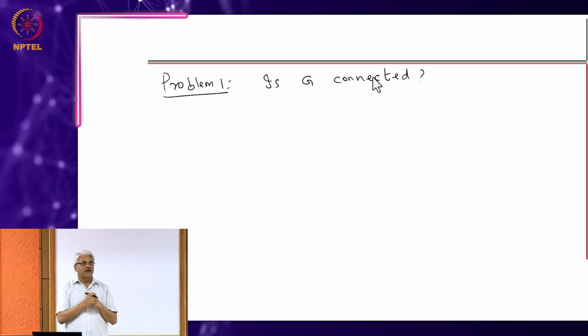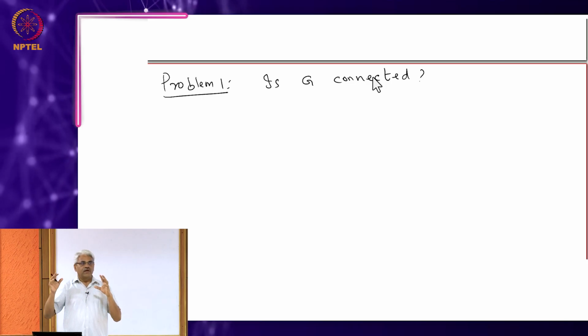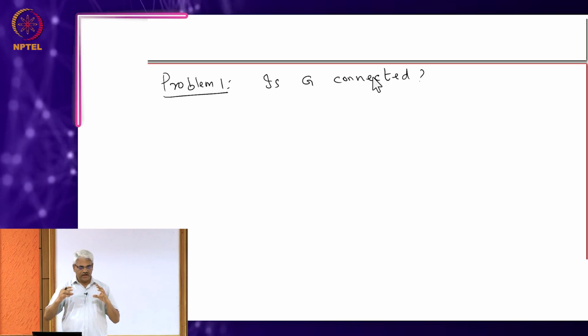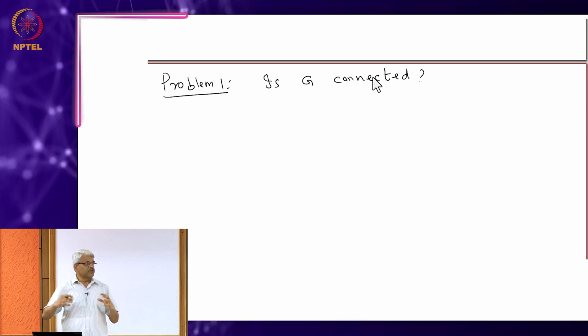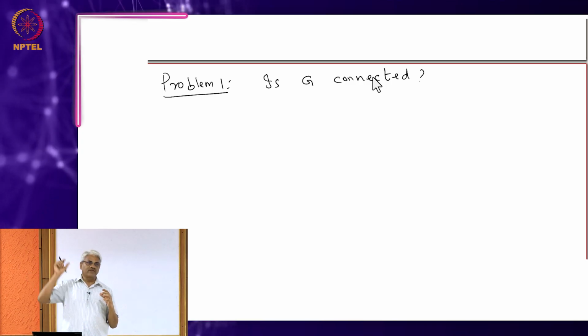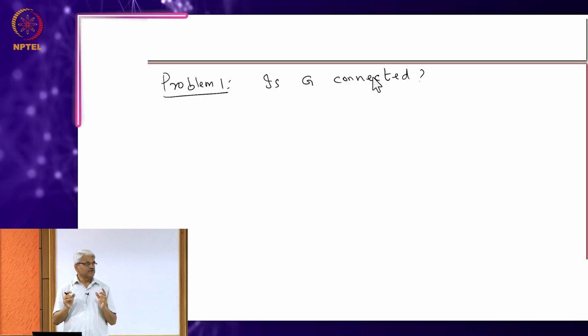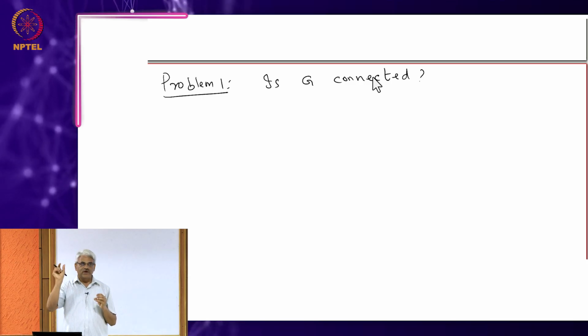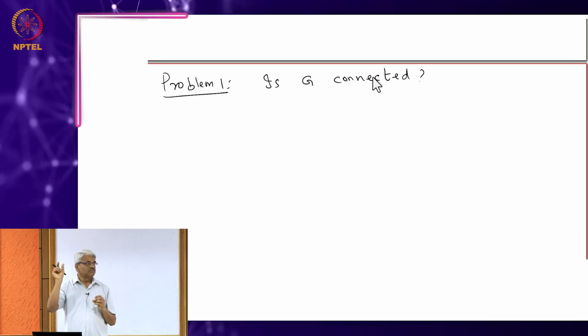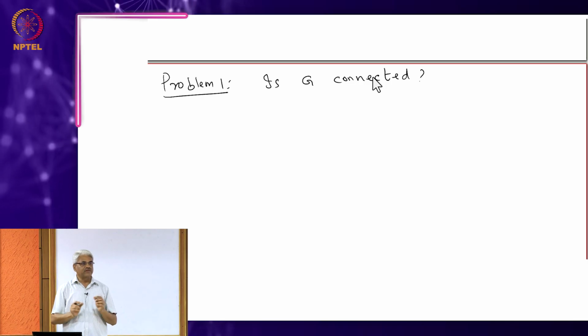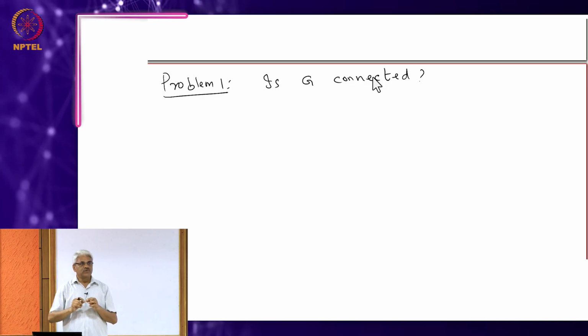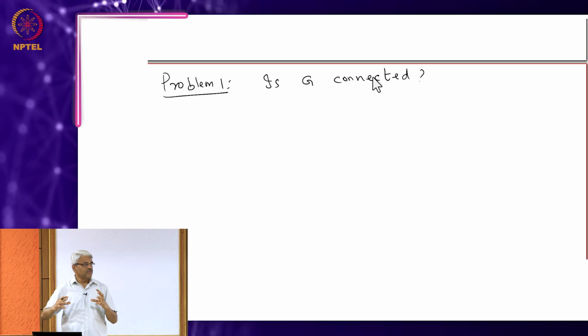But at this point the graph is not connected, so I have at least two components, and when the new edge comes, the graph becomes connected. So what is the edge doing? It's connecting these two components, right?